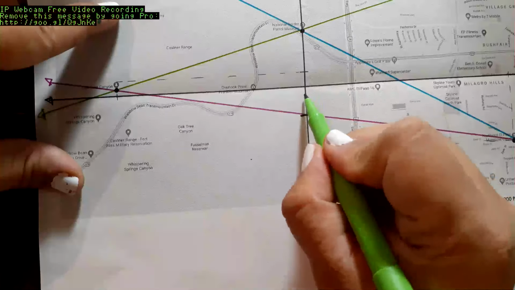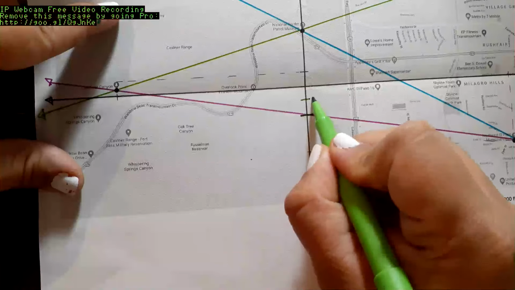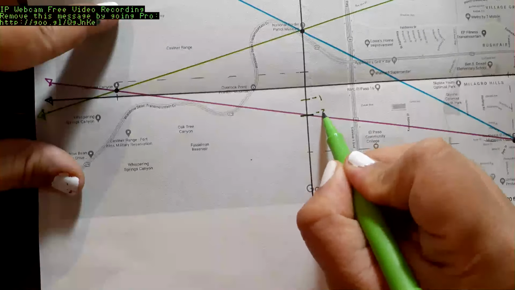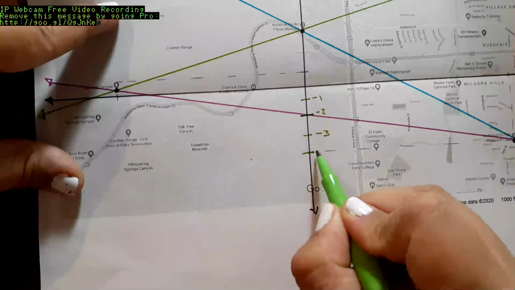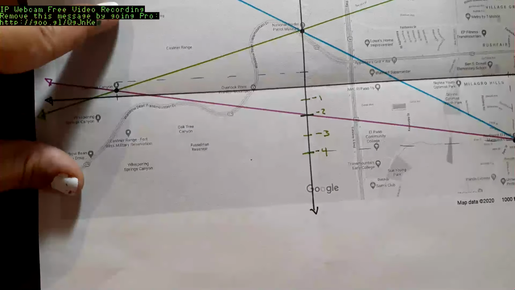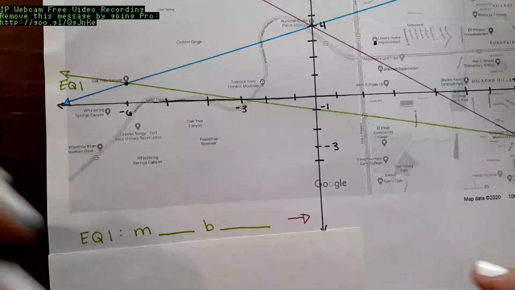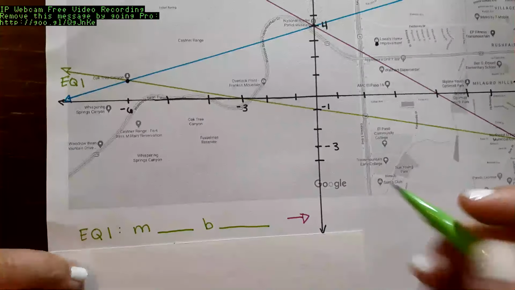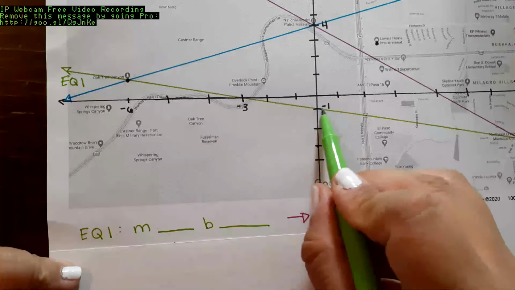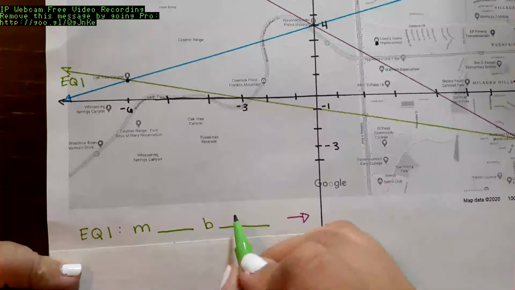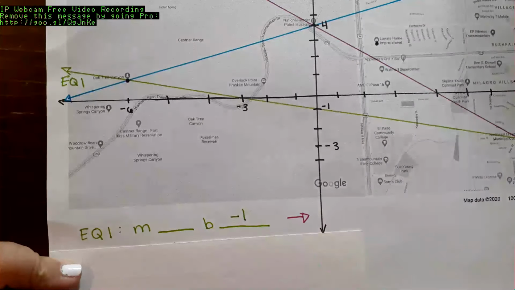So maybe this is -1, and I'll make this one -2, then -3, and this one -4. I did the most important first and then I filled in the blanks. My mark lands on -1 for my y-intercept, so I'm going to write -1 for my b.